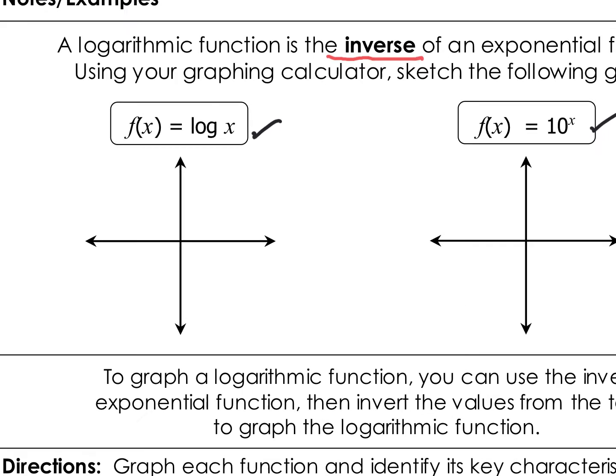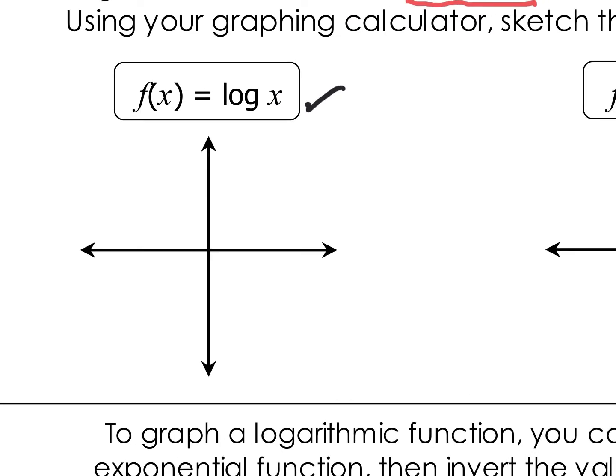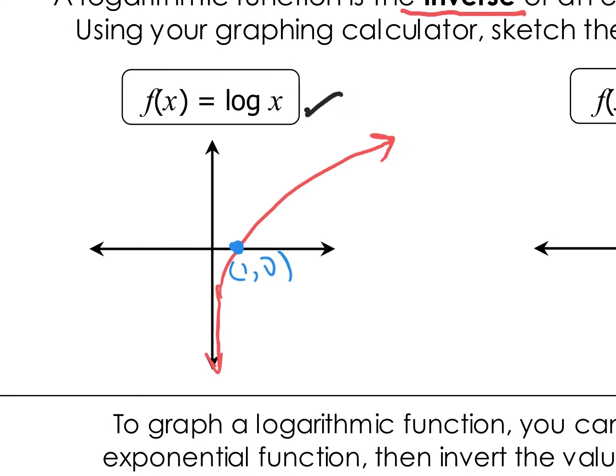So if I do a very generic graph of log of x, it's going to look like this. Asymptotic vertically, going up, up, up, up, and going up and over that way. And I can tell you right now that that ordered pair is 1, 0. And you might be thinking, why was I so smart? How do I know that? Well, because this is log base 10.